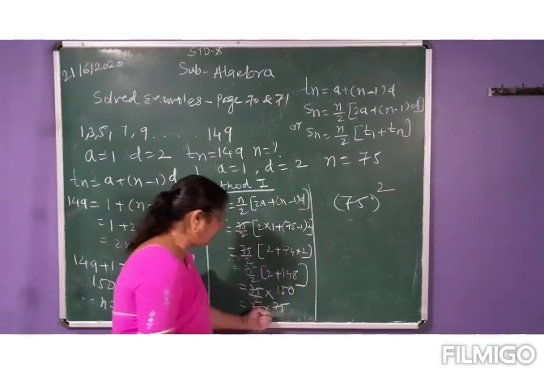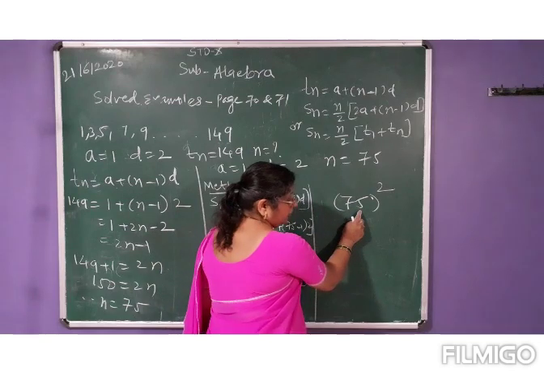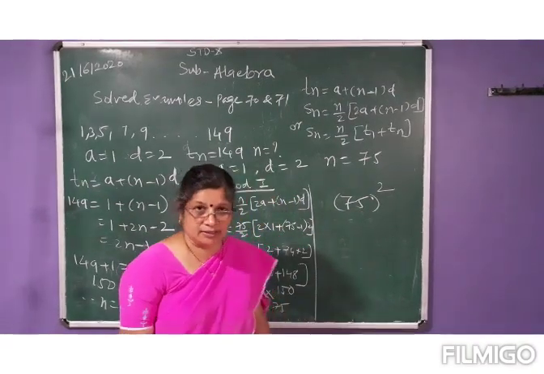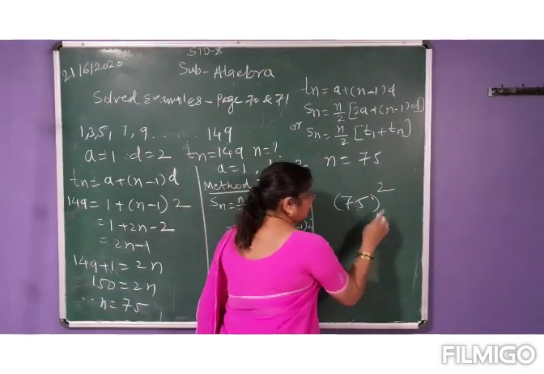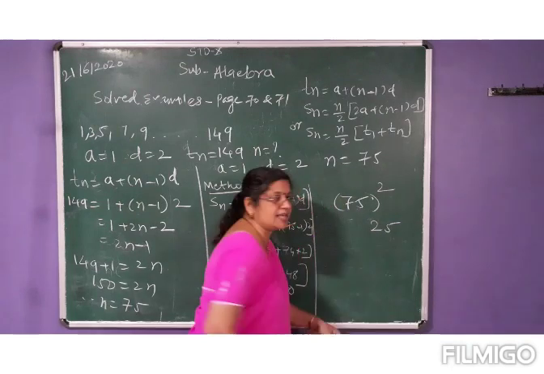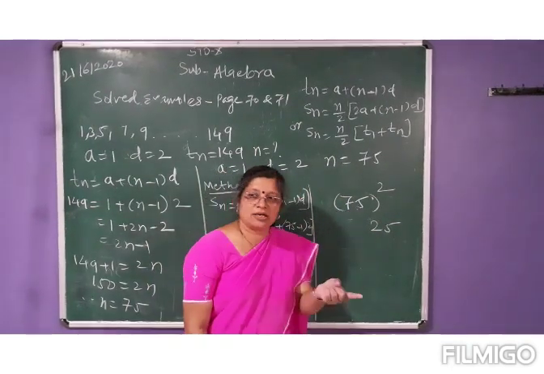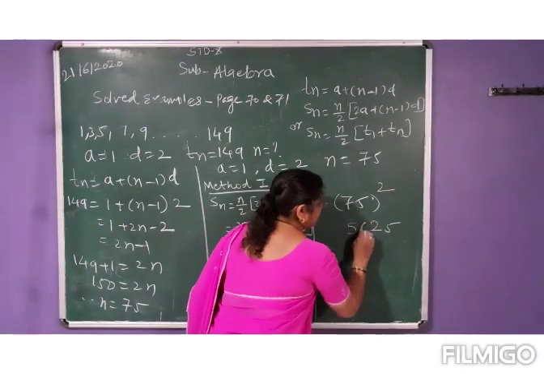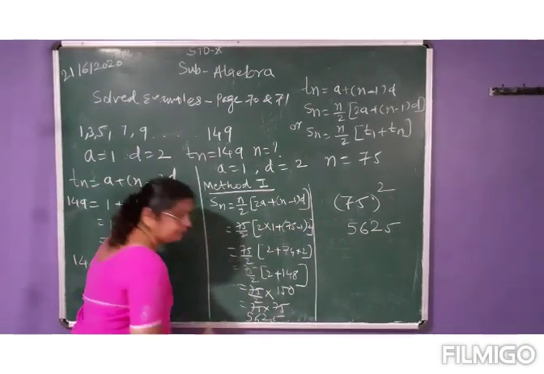Instead of multiplying, which is time consuming, when 5 is in the unit place, how will you square that number? First, what is there in the unit place? 5. So first you write down the square of 5 as it is, that is 25. After 7, which number comes? 8. So you multiply 7 into 8. 7 eights are 56. So your answer is 5625.